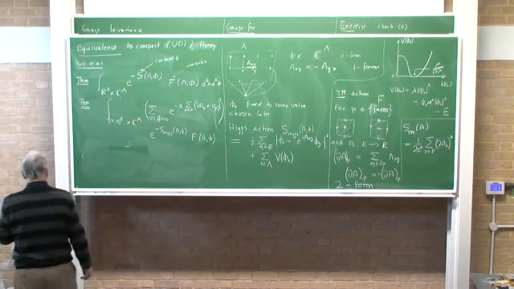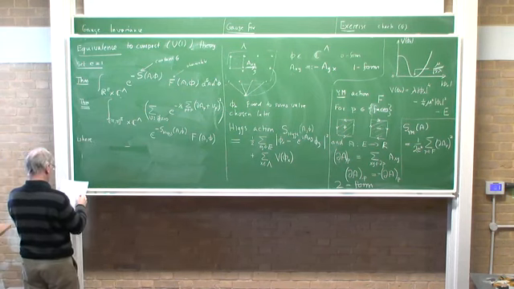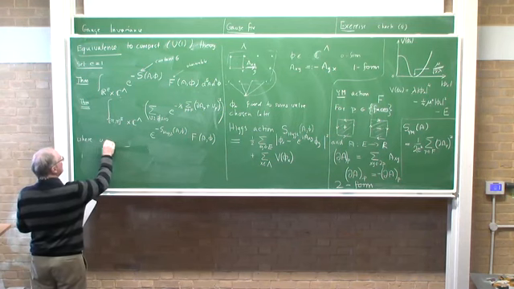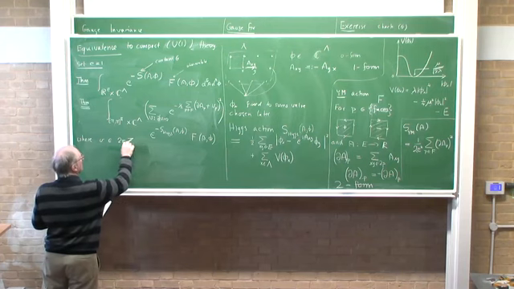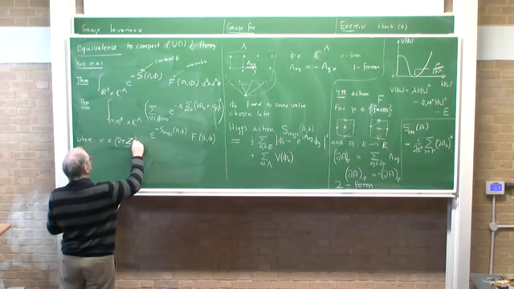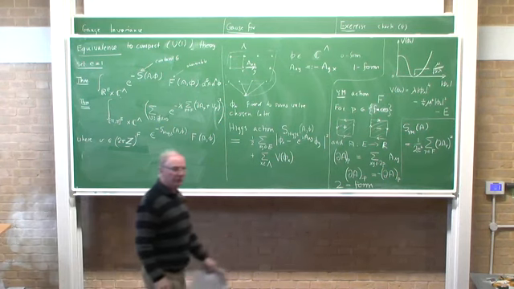Now, what is this vortex business? So V is an assignment of integers to plaquettes, a function on faces.